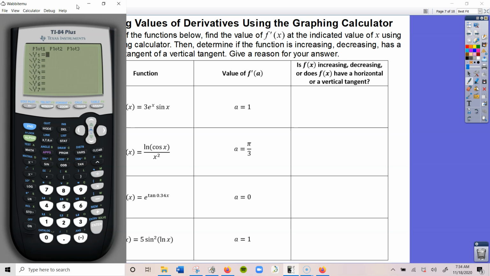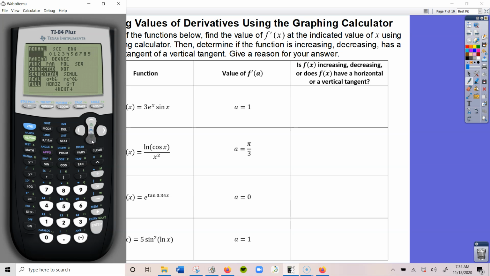So this first function, which is f of x is equal to 3e to the x times sine x, I'm just going to graph that first. So 3, you have e here with the exponent, you have e here that's raised to the first. So I always use the one with the exponent, e to the x times sine of x. Now you always want to make sure when I click on mode that my function is in radians.